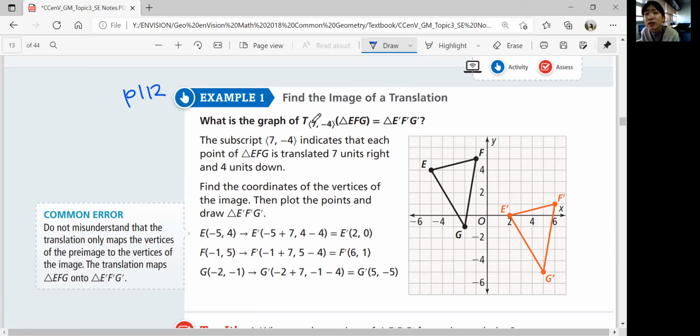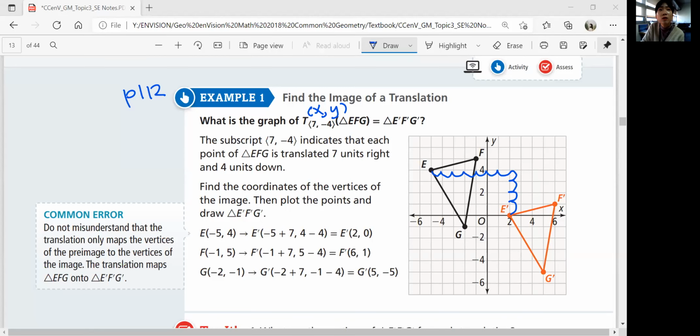Translation of 7 units right and 4 units down for all the points E, F, and G. So you're going to count 1, 2, 3, 4, 5, 6, 7 units right and 4 units down, 1, 2, 3, 4. That is your E prime.